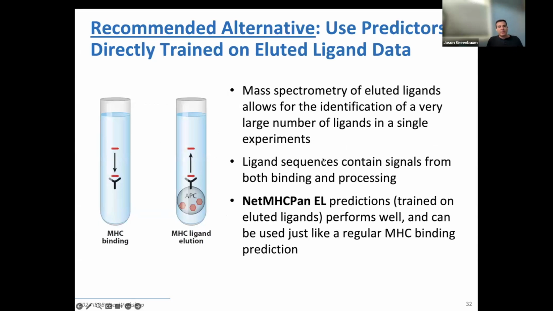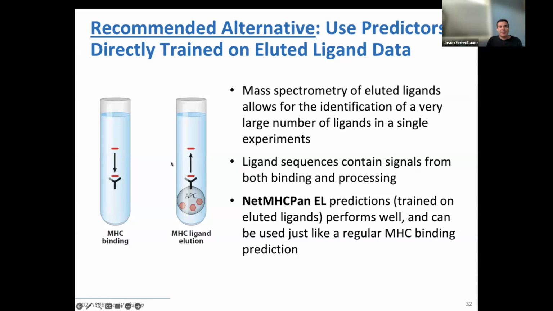As an alternative to using the processing tool, we recommend using tools that are trained on eluted ligand data. So the binding tools are trained on data that measure the affinity of a peptide to a specific MHC molecule, all by itself, kind of in a vacuum.